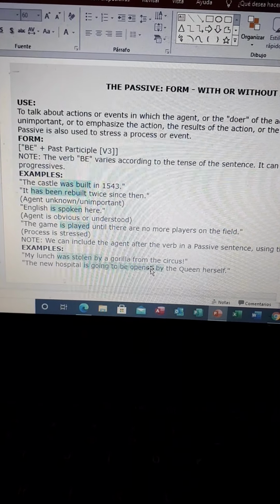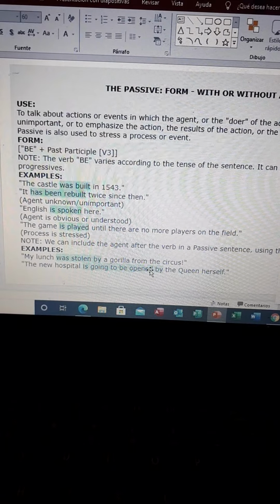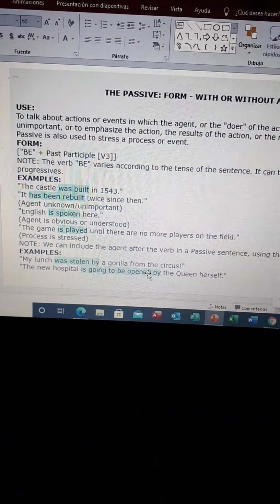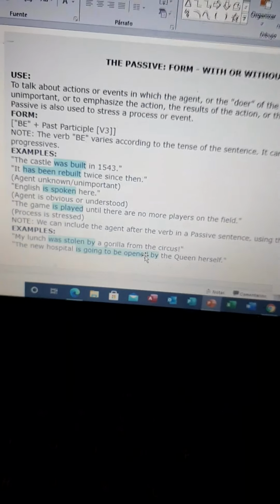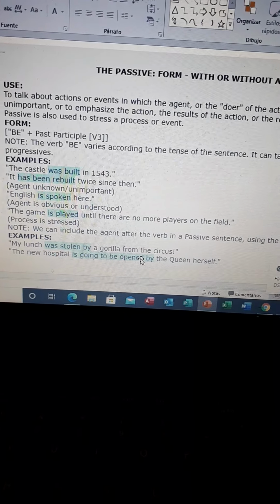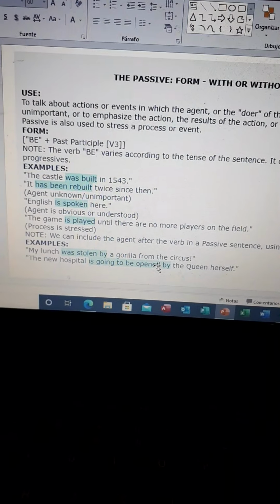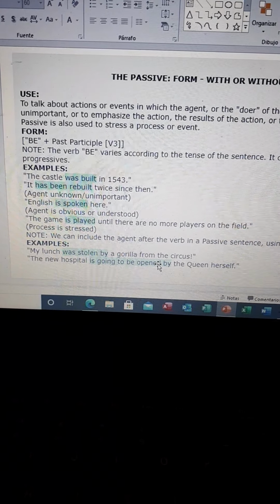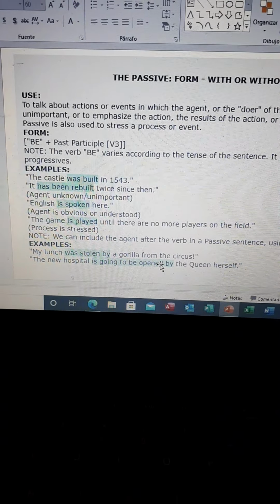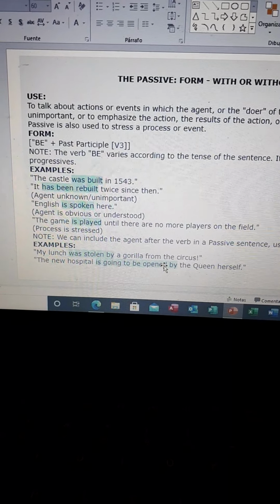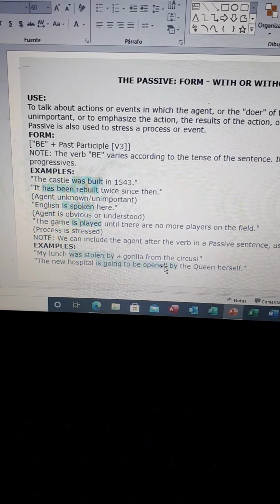So it's important to see how we are going to use the passive voice and its structure, okay? And well, the passive voice is important, and we're going to use it every time that we're going to talk about actions or events, okay?